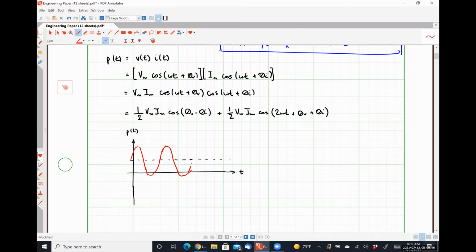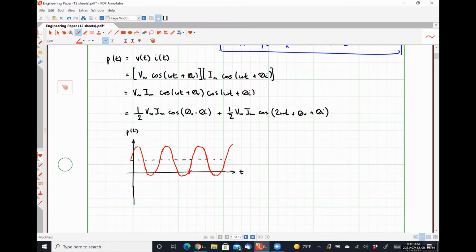Trying to draw a sinusoid as best I can. So we'd have an oscillating power signal like so that could potentially dip below our horizontal axis here, okay? Just depending on the ratio of the component values and all that kind of good stuff.